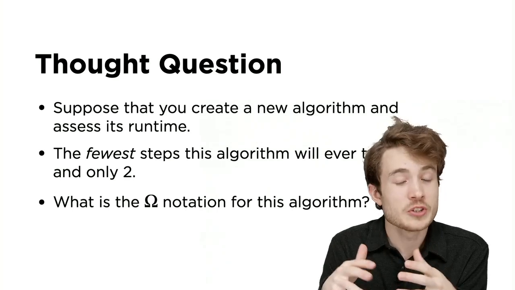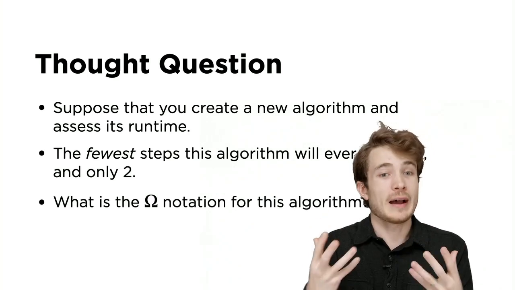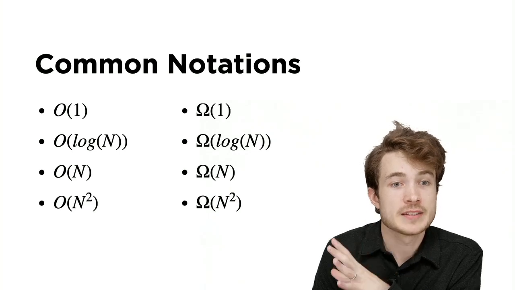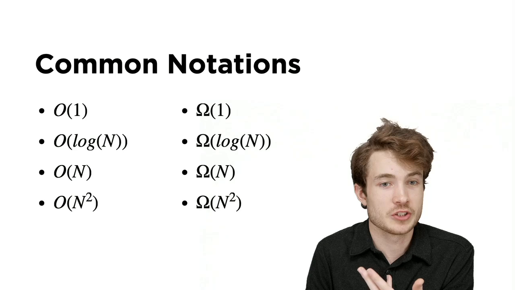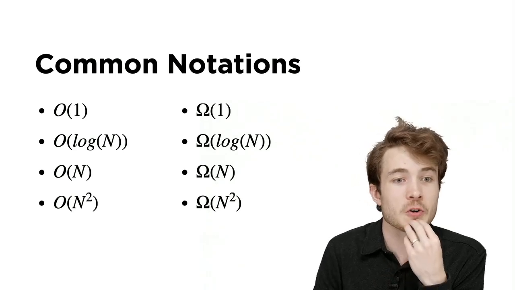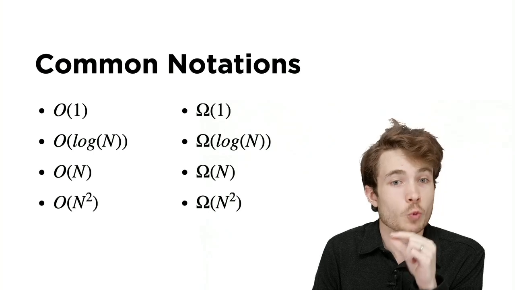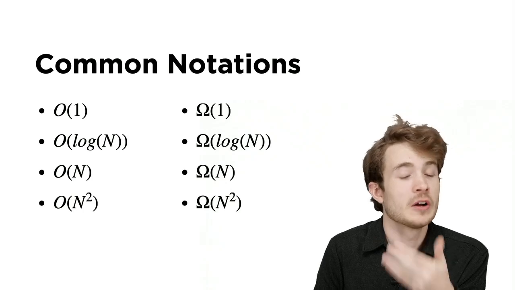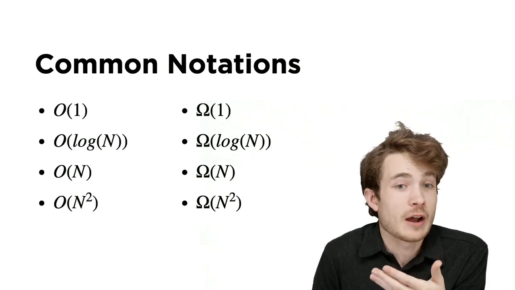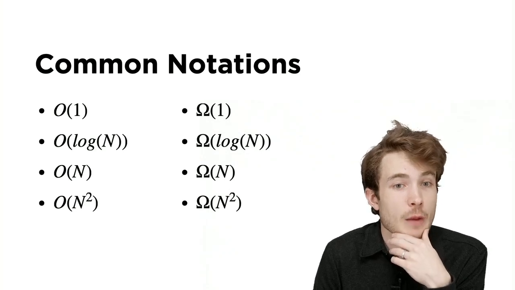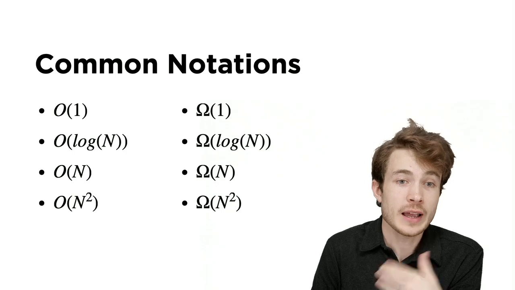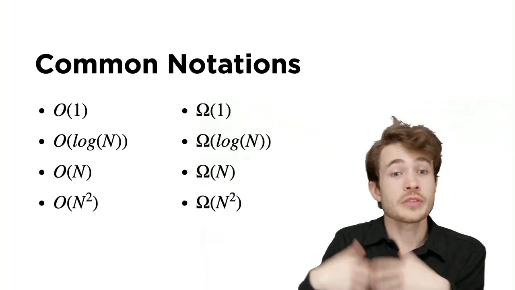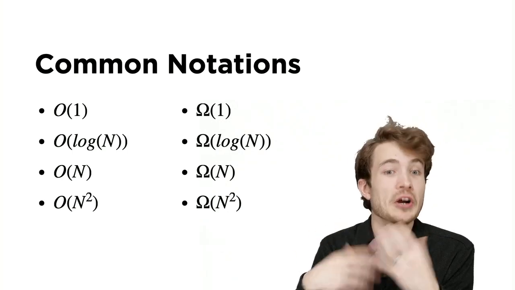So some other notations you might see as you go off and learn more about algorithms are these here. On the furthest left-hand side, you'll see the big O notation, the worst case, if you will. So you'll have algorithms that, in the worst case, take some fixed number of steps. They'll be in big O of 1. There are other algorithms, like we just saw binary search, that operate in big O of log n. They keep dividing problems in half and half and half again. There are still others that operate in big O of n.